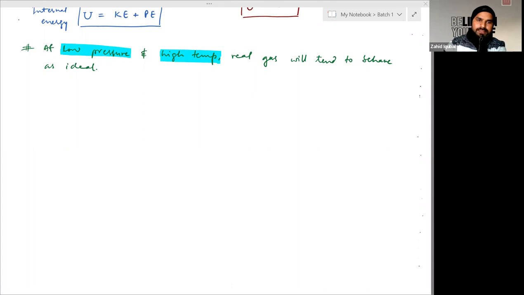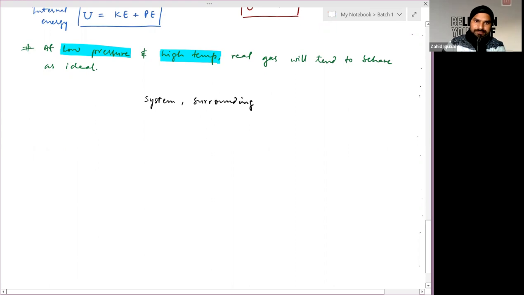What do you mean by system? Surrounding. Suppose we have any vessel with a piston enclosing any ideal gas.